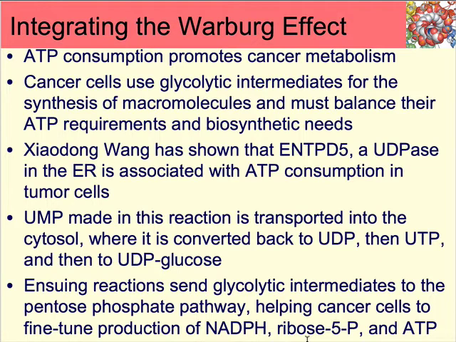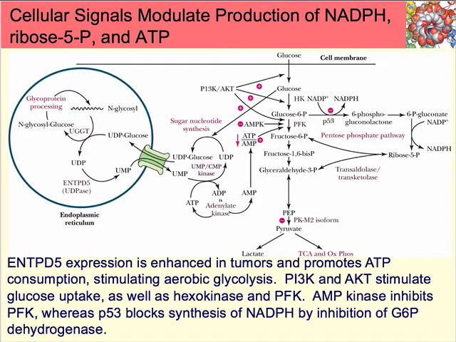UMP made in this reaction is transported into the cytosol, where it's converted back to UDP and then UTP, and then to UDP glucose. Ensuing reactions send glycolytic intermediates to the pentose phosphate pathway, helping cancer cells to fine-tune production of NADPH, ribose 5-phosphate, and ATP. Let's have a look.